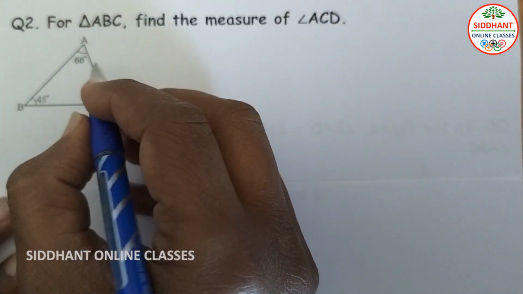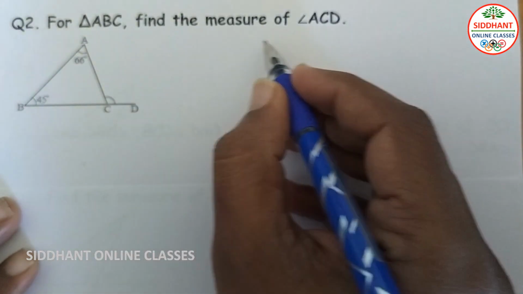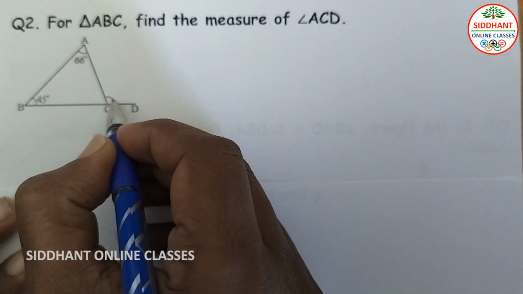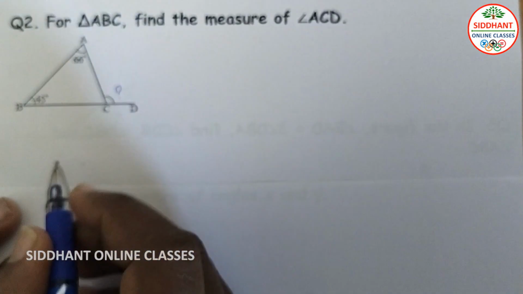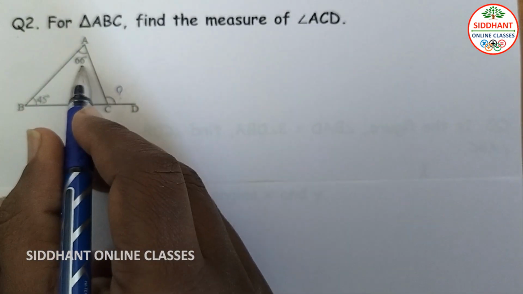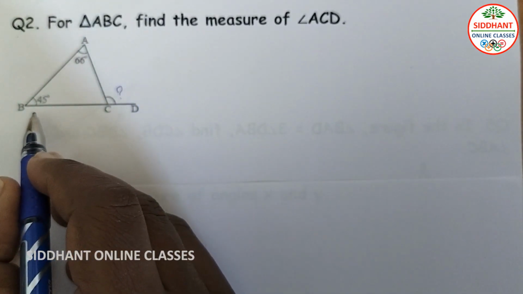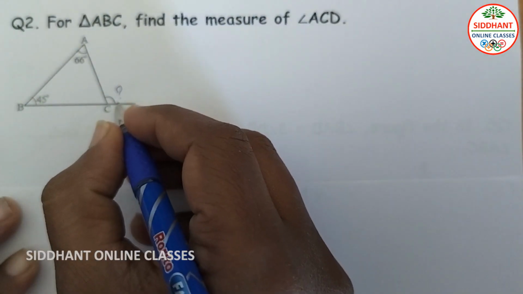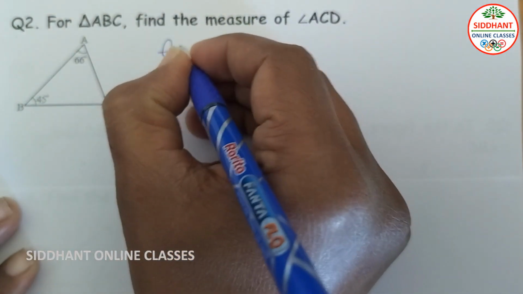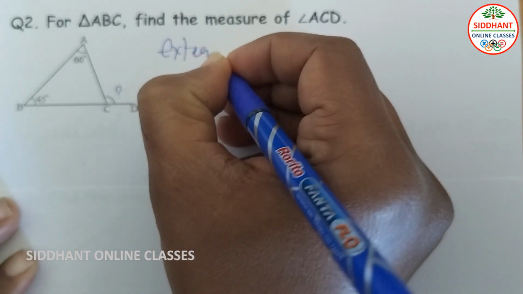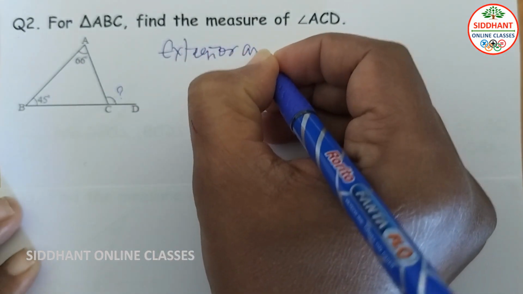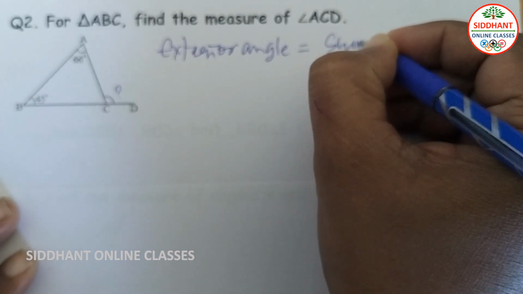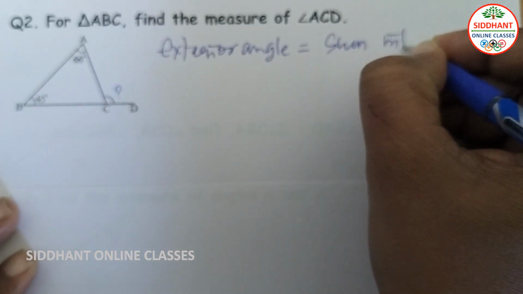Question number 2. For triangle ABC, find the measure of angle ACD. This angle we are going to measure. The given data is angle A is 66 and angle B is 45 degrees. Now we know that the exterior angle is equal to the sum of the interior opposite angles.